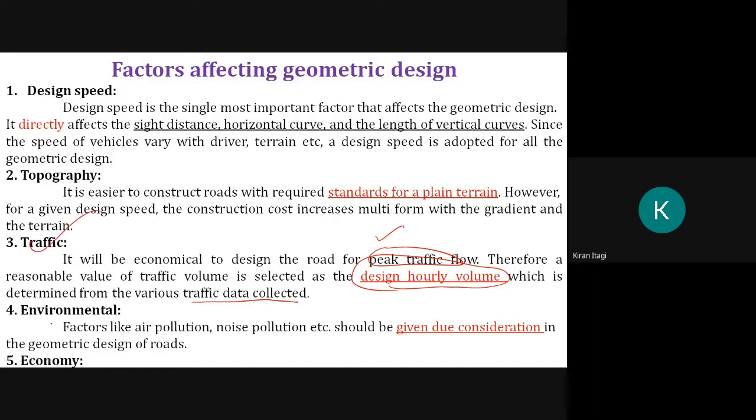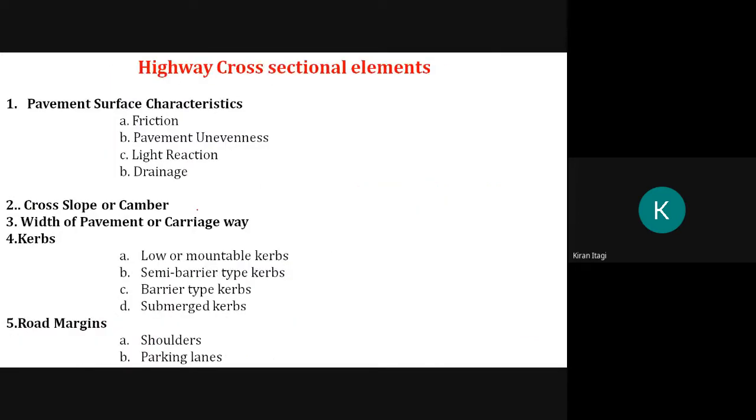This was about the traffic. Then about the environment, factors like air pollution, noise pollution, etc. should be taken into consideration in the geometric design. Then economy: the road should be constructed within the limit. It should not be over budget. That also we have to keep in consideration.